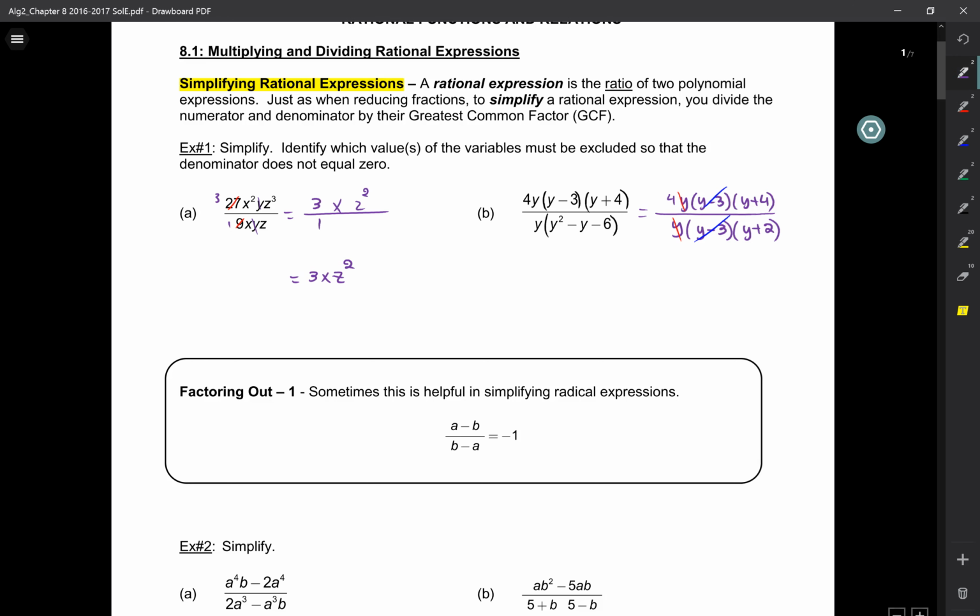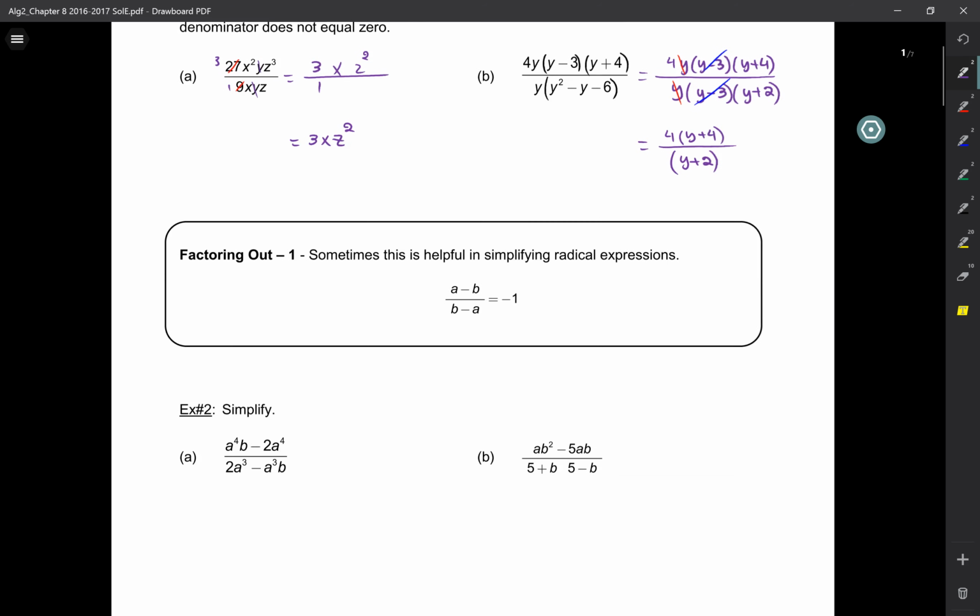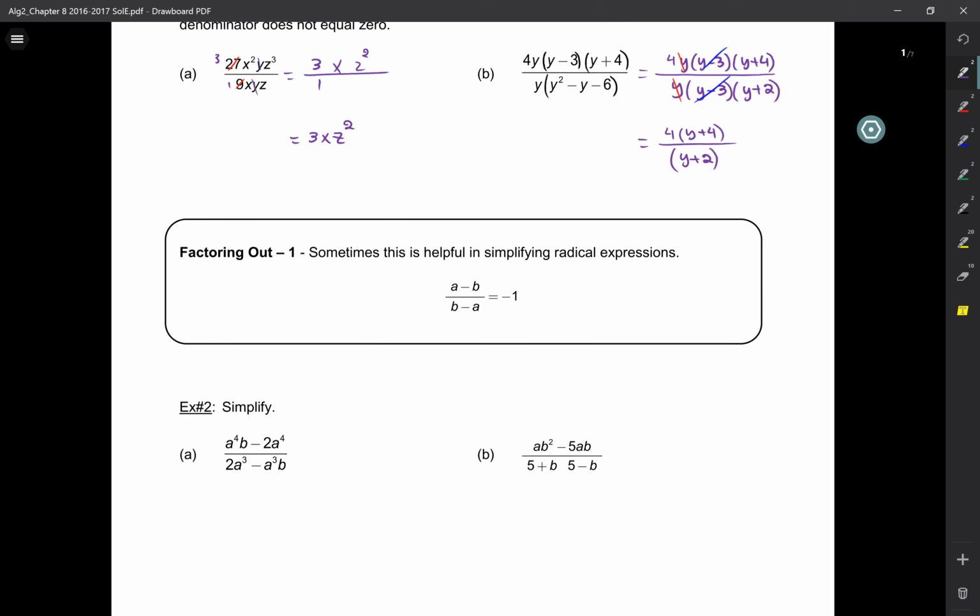So will the y's. So I have 4 y plus 4 over y plus 2. Make sense? No. Okay.